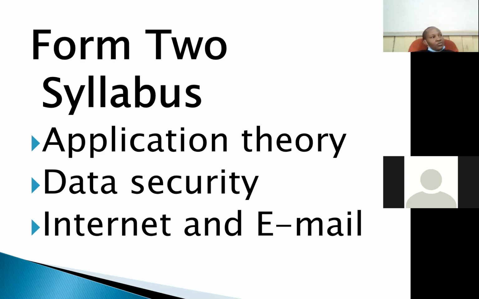Then from there, we move on to databases and application theory again, whereby you can be tested on the definition of terms that are used in databases, database models, database objects, queries, reports, forms, and all that. So you need to understand all that in the database. Then from databases, we move on to DTP, whereby you are supposed to understand all the aspects of DTP, starting with the definition, types, and terms used in DTP.